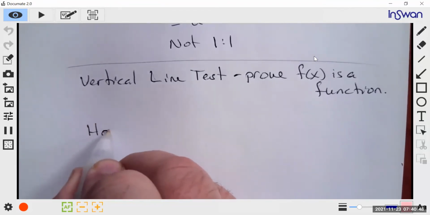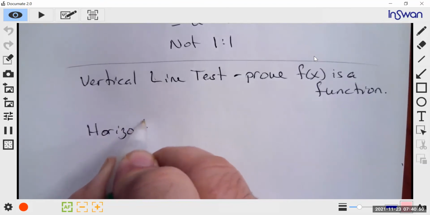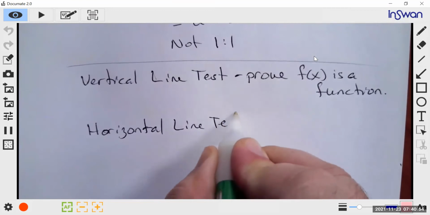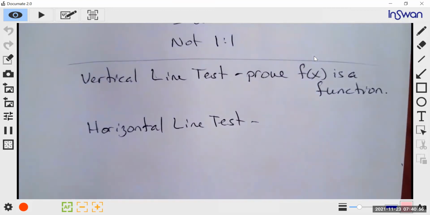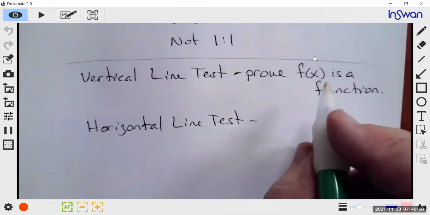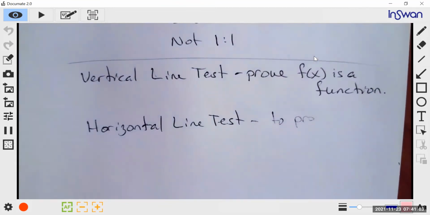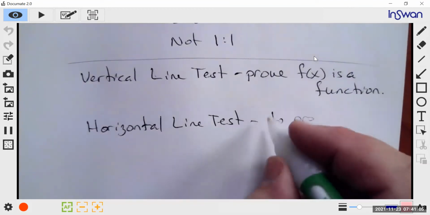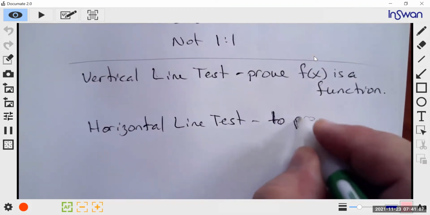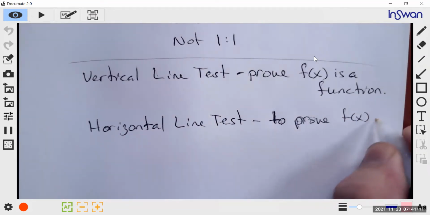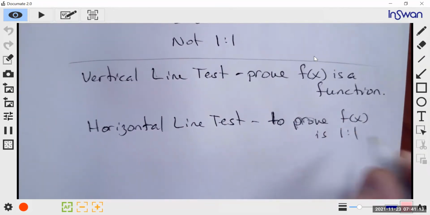Here, we use a horizontal line test to prove that a function is one-to-one.